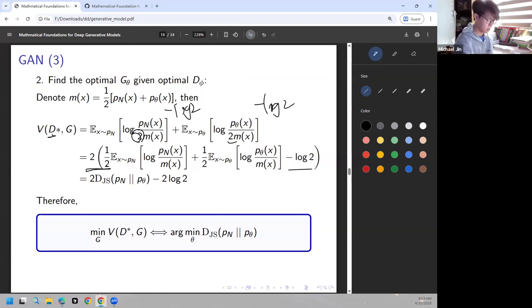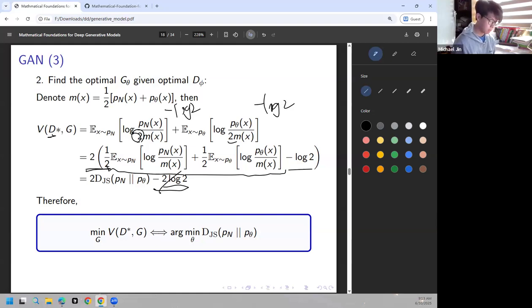And at the front, it's a half of 2 expectations of the log of the distribution over their average distribution, which is just the JS divergence between the real distribution and the model distribution, right? And this is a constant term, so we can discard it when finding the optimal parameters.